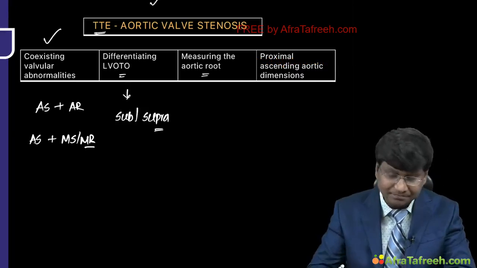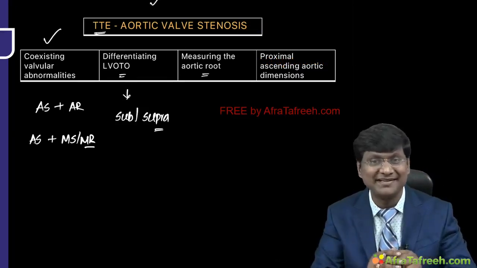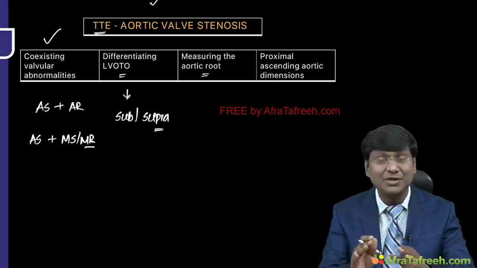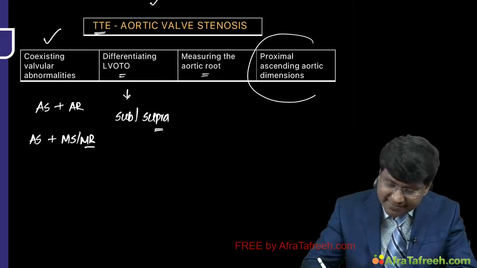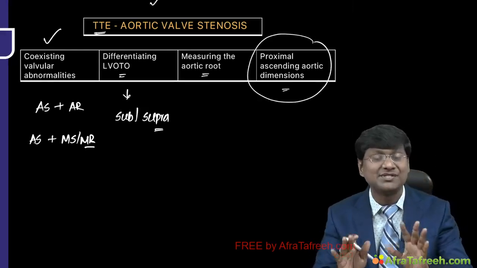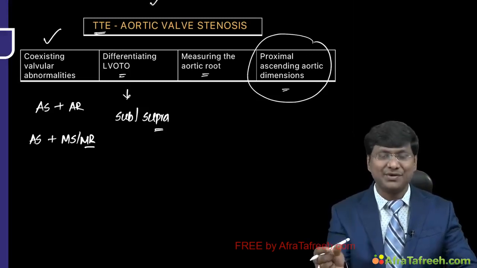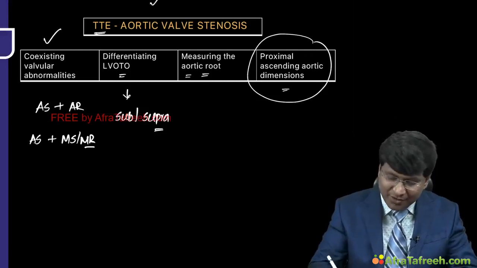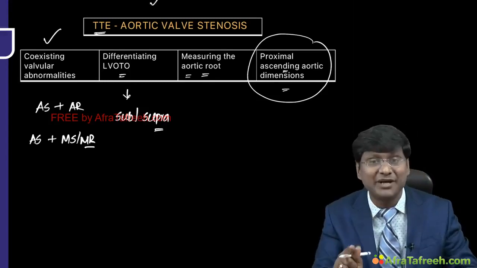And next, measurement of the aortic root is very, very important, right? And particularly the proximal ascending aortic dimensions. In which clinical scenario are measurements of the aortic root and the proximal ascending aortic dimensions very important?